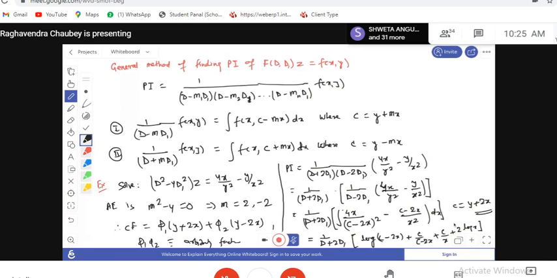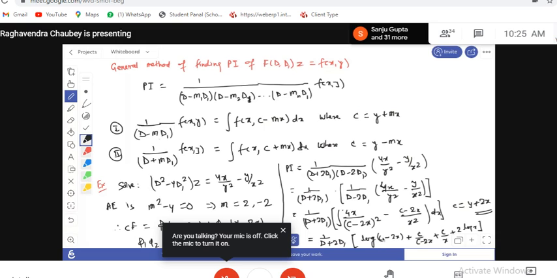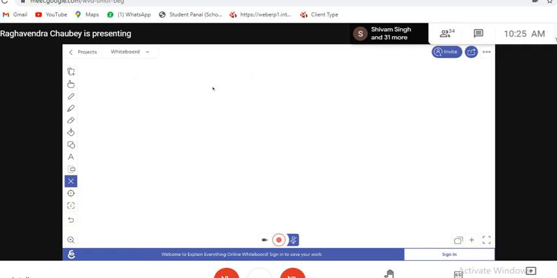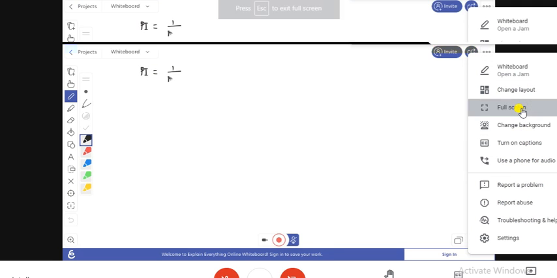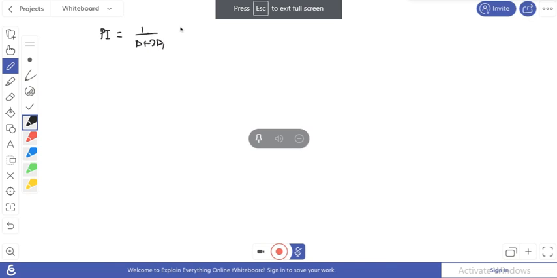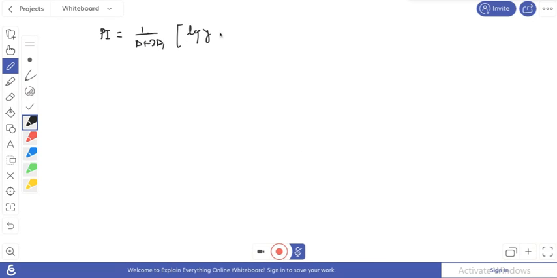Now again we put the value of c here. So for c we put y plus 2x. So this function is reduced to 1 over D plus 2D1, and this operates on log of y, and if we put back this c in terms of y, we get this term like this.